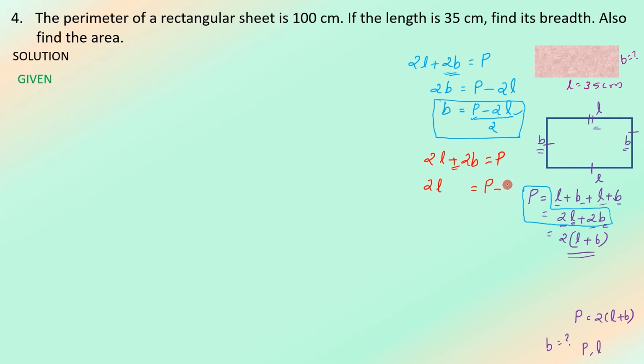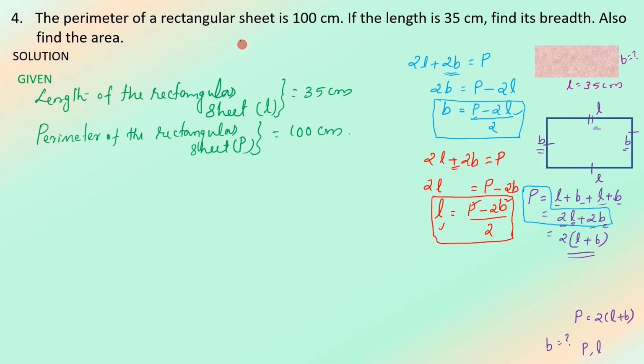That is minus 2B. So, L equal to P minus 2B divided by 2. Using this formula, we can find the length of a rectangle if its perimeter and breadth is given.